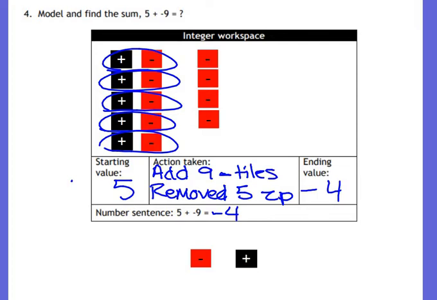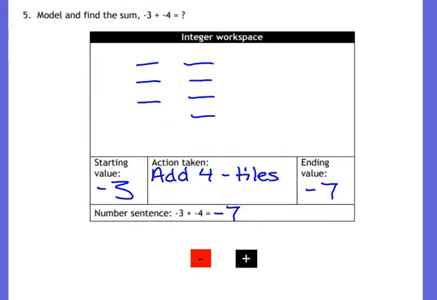Yes, sir? There are more negative tiles than positive tiles. Then, number 5, you said turned to a negative answer. Why did this turn to a negative answer?